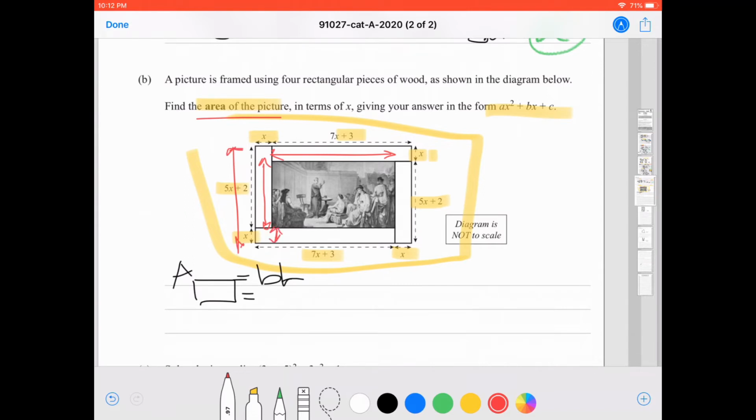Okay. So our base, we can say that is 5x plus 2 minus x. And then our height, that will be 7x plus 3, and the same concept, it'll be 7x plus 3 minus x.